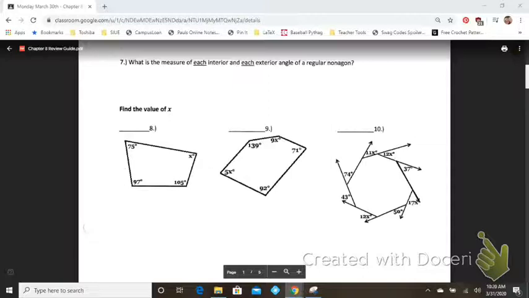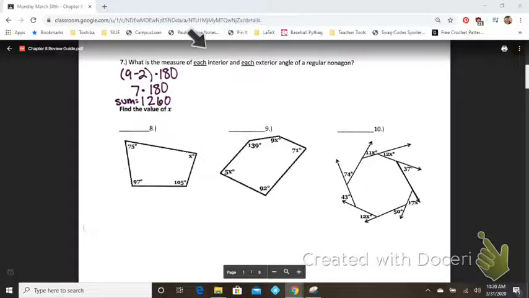Okay, well, if we want to find the sum of all the interior angles for a regular nonagon, nonagons have 9 sides. So 9 minus 2 times 180, 7 times 180, gives us 1,260. So that's the sum of all the interior angles.